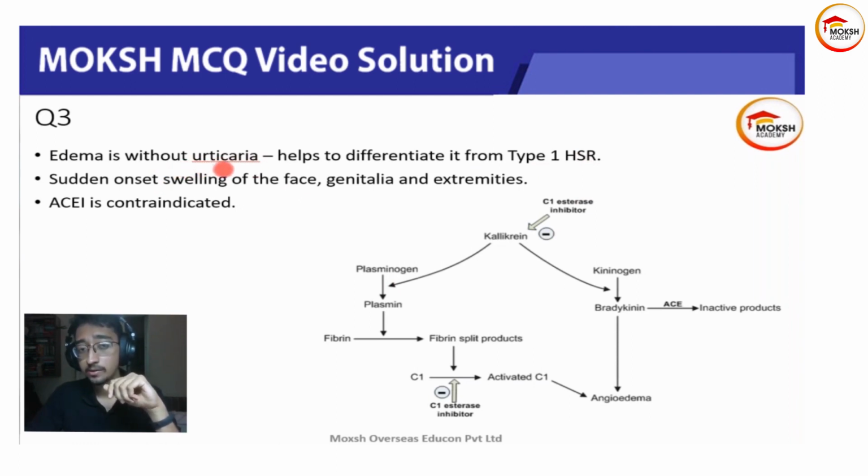Okay, urticaria is caused by histamine release, which is the main mediator in case of type 1 HSR, remember. So just remember that urticaria will not be seen here, because if you can see in this diagram, angioedema is caused by complement and bradykinin, and histamine is not involved here, so there is no itching. Okay. So yeah, that's pretty much it.